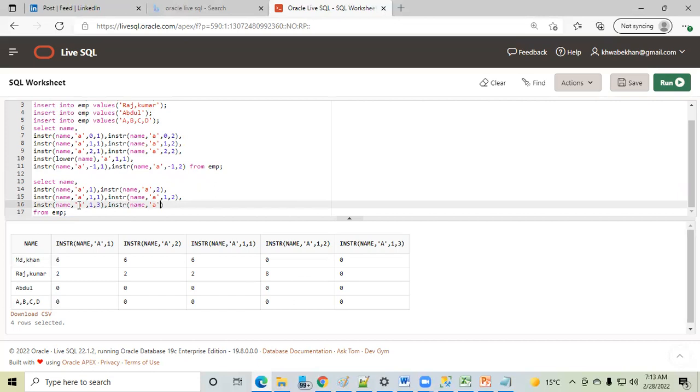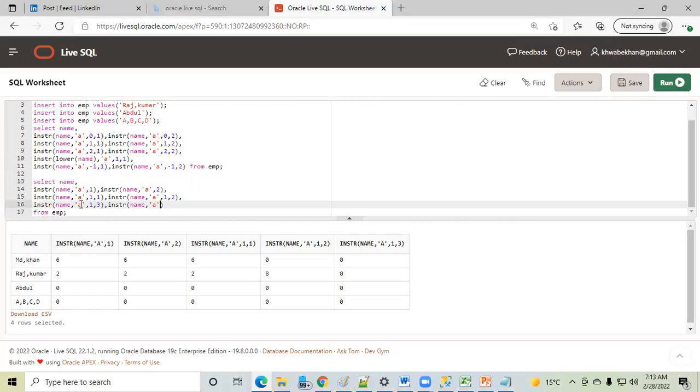You can write any letter, A, B, C, D. You can search for special characters as well, like a comma. You can put a comma here, and it will search for the comma. You have all the freedom to search any character, any special character, whatever you want. Don't get confused that it is showing only for A. What will happen if I keep B here? The same logic will apply.